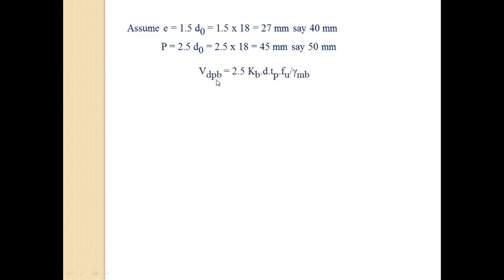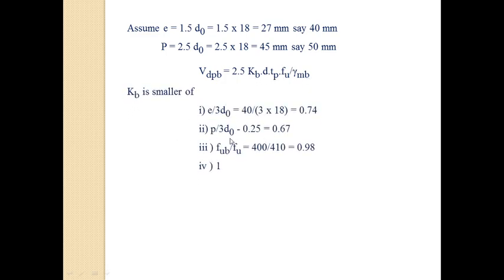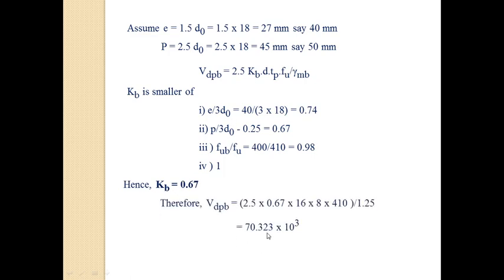Then put all the values in the formula. First calculate the value of KB, it is the minimum of the four, that is 0.67. Putting all values in the formula of VDPB, we get 70.323 into 10 raised to 3 Newton. So VDPB is equal to 70.323 kilonewton.